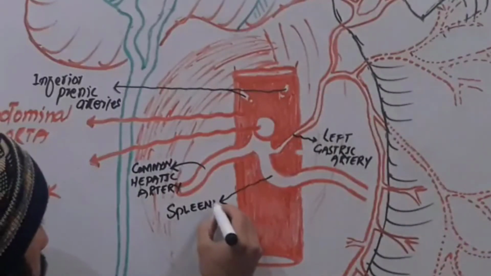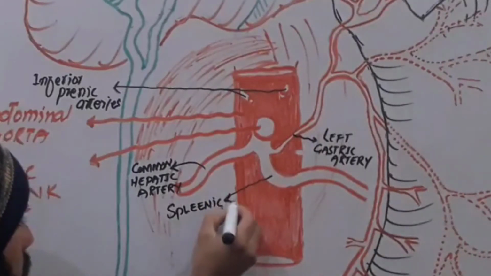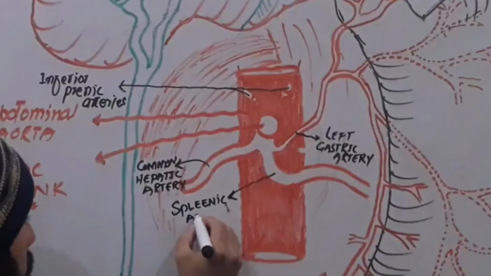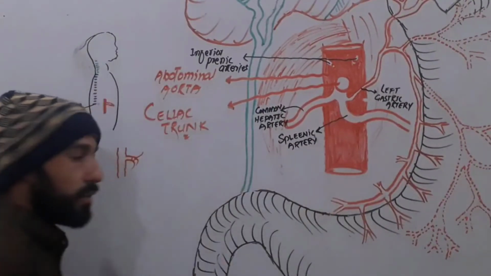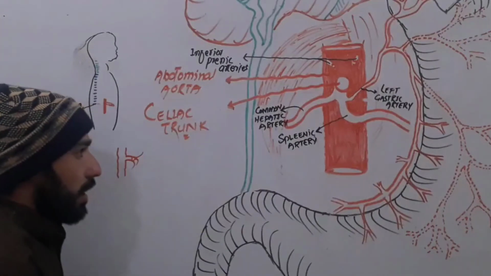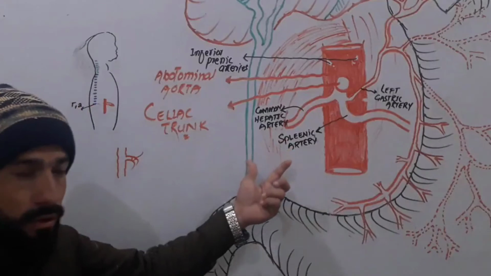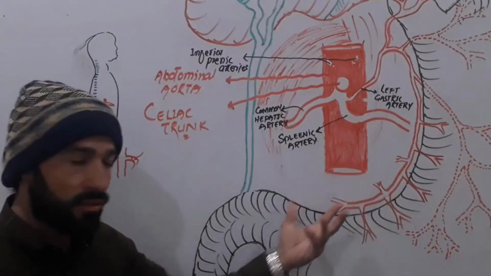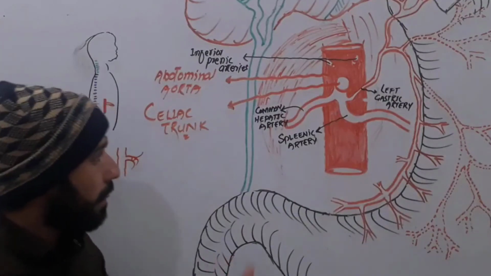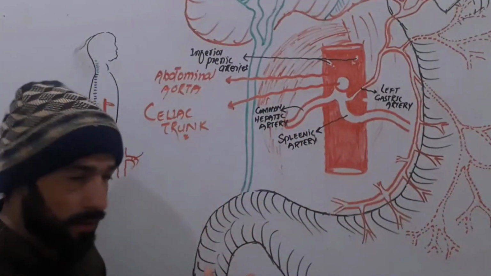This is our splenic artery, and I'm mentioning again, we will see its branches in big detail in our next lecture. I have thought that we will record each artery in different lectures, so that for our students and friends, it will be easy to understand all the blood supply of the abdominal viscera, right?